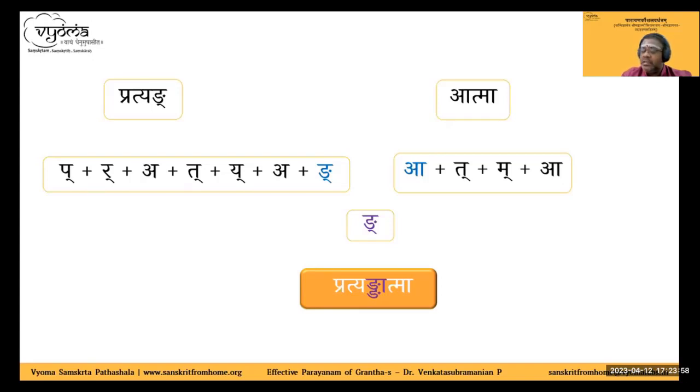In this case, the new letter is joining hands with the old letters and it is going to come in the final sound. Pratyang Atma was there. Now it became Pratyangatma, double.